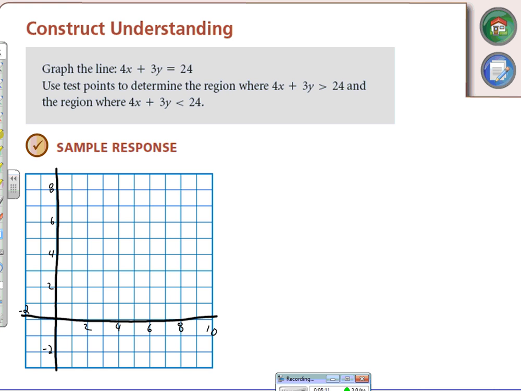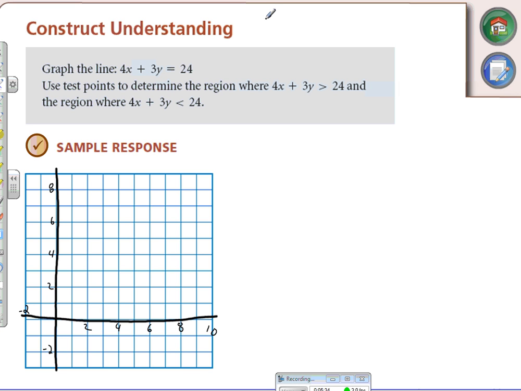All right, we need to graph the line 4x plus 3y equals 24. Well, in order to graph it, the easiest way is to take it into slope-intercept form and graph from there. Of course, you could graph with a table of values or by finding the x and y-intercepts and connecting the two. Lots of different methods to graph that you learned in 10C.